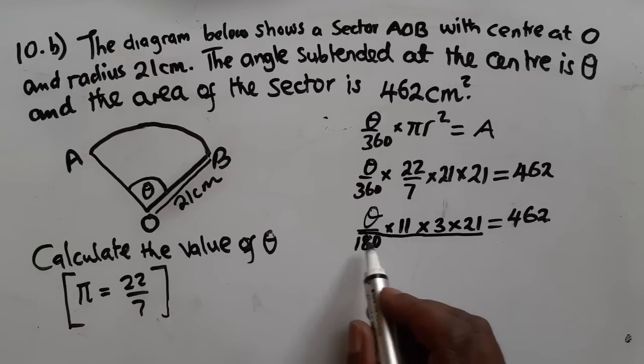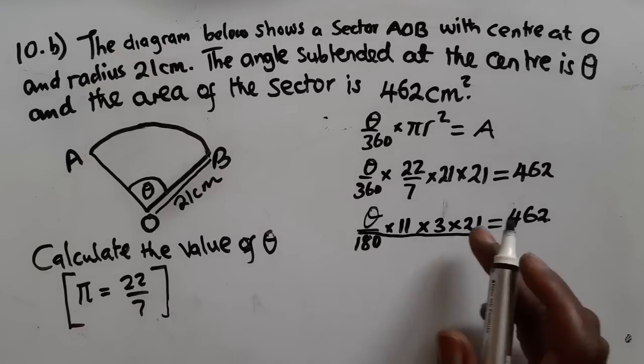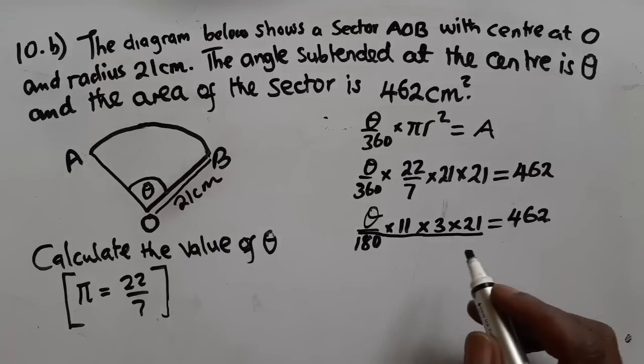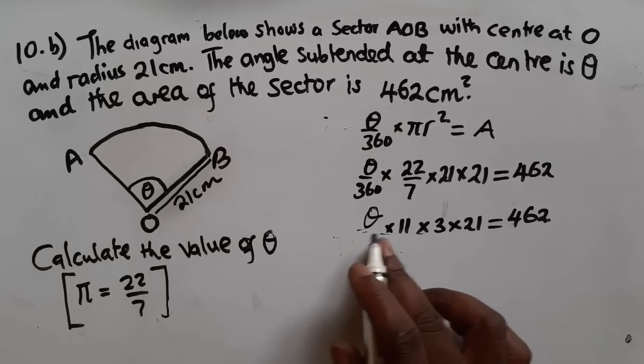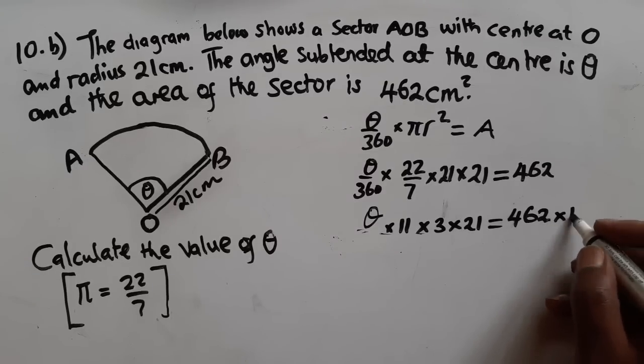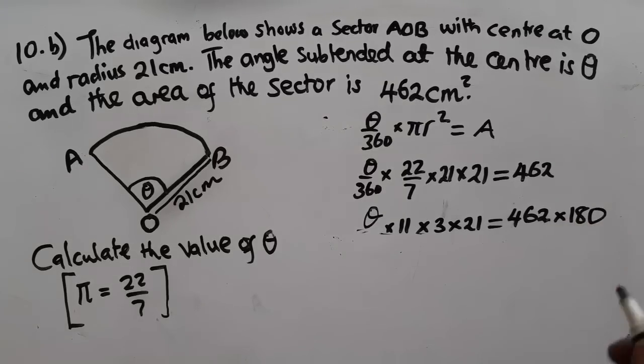So the next step is where we say we cross multiply. To cross multiply, it will mean that all these will remain here. Then 180 will come this side. I hope that is very clear.